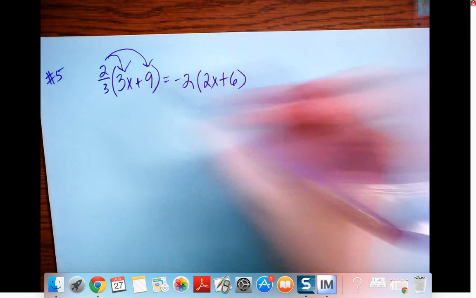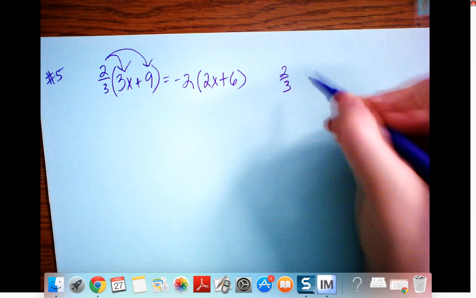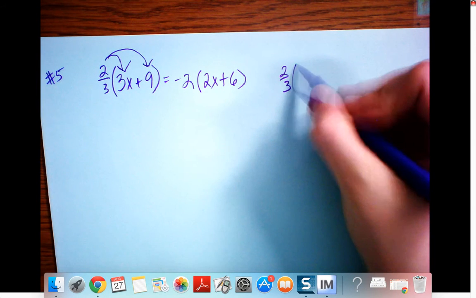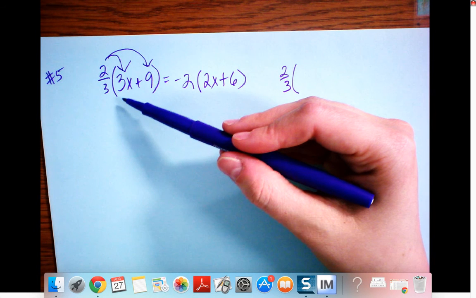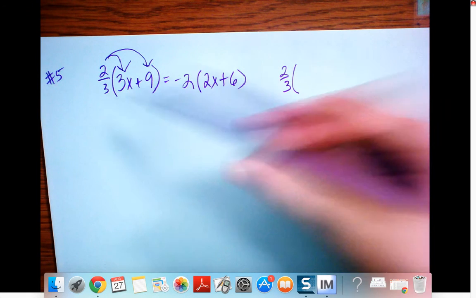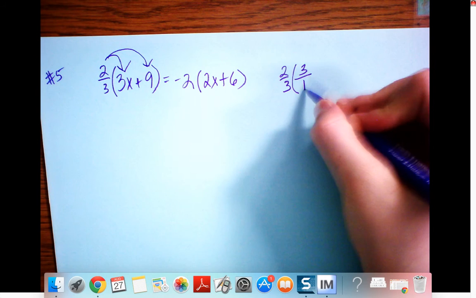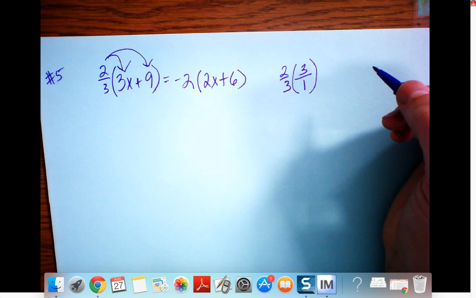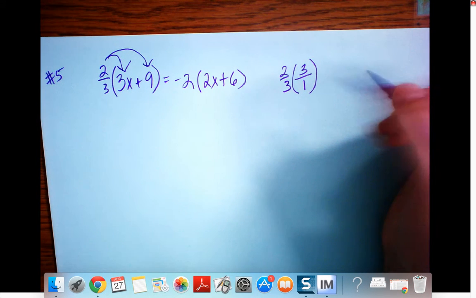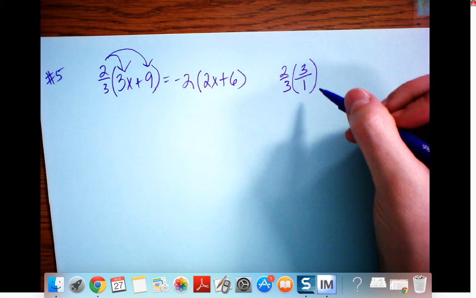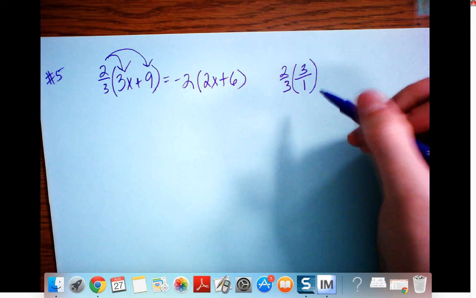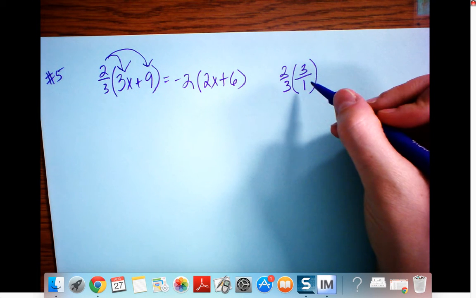So we have 2/3, okay, and we're multiplying it by 3. 3 is a whole number, but I can make 3 a fraction by placing it over 1. Any whole number or integer can be placed over 1 to make it a fraction.